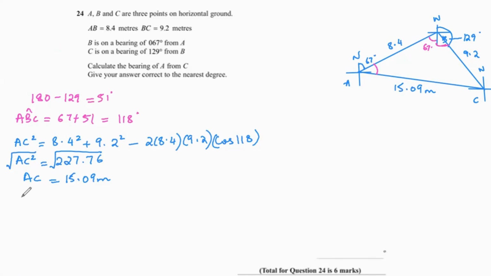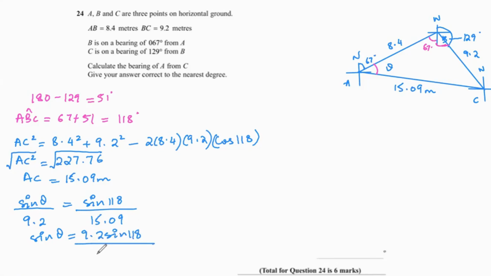So sine rule once again, and it's going to be theta over here. So sine theta over 9.2 equals sine of 118 over 15.09. So sine theta is 9.2 times sine of 118 divided by 15.09, which is going to give us sine theta as 0.5383.